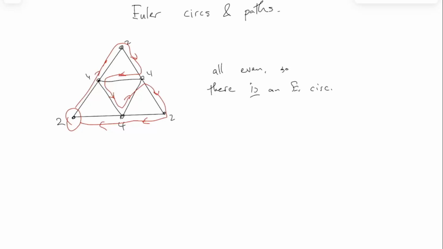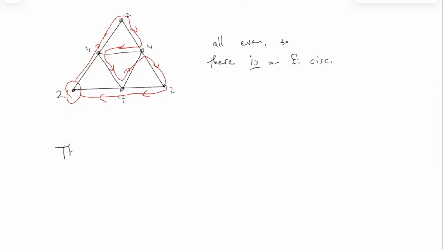All right, so I will refresh our memory about the rules from last time. This is a theorem proved by Euler. Euler sort of invented all of this stuff. It says if all degrees are even, then there is an Euler circuit.